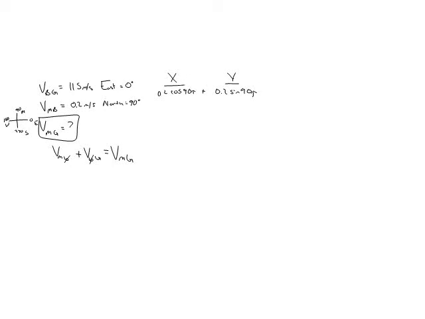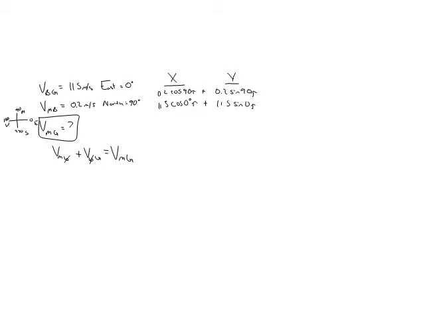And then we're going to do the BG part, so 11.5 cosine 0 i hat plus 11.5 sine 0 j hat. Now, what's nice about 90 and 0 is that they're only going to have one component, because it's either straight up, so there's no x component, or it's straight right. So it's only x component, no y component. So these simplify very nicely.